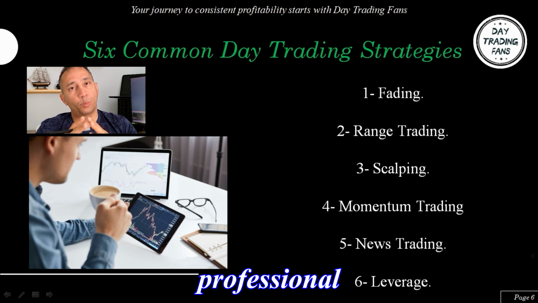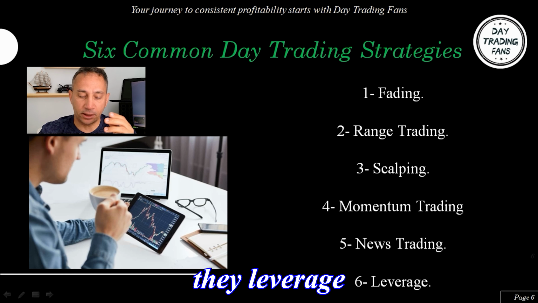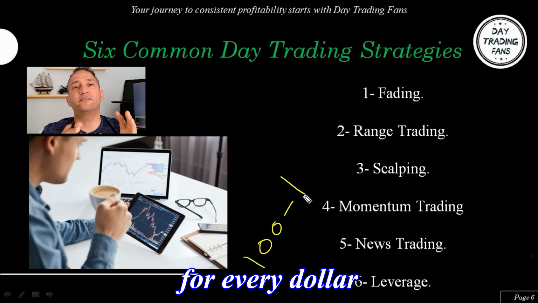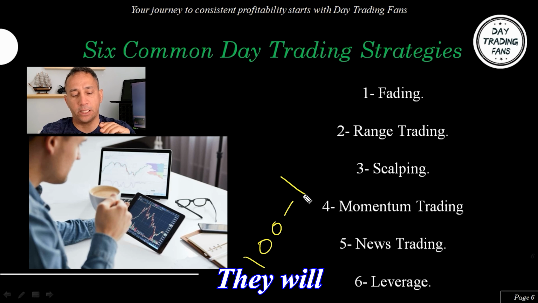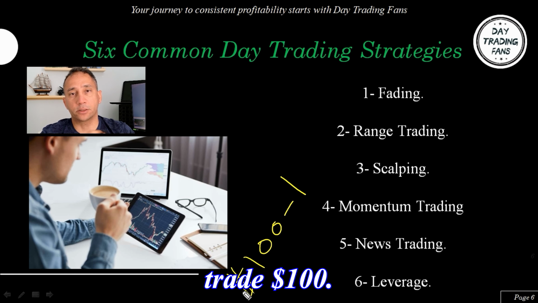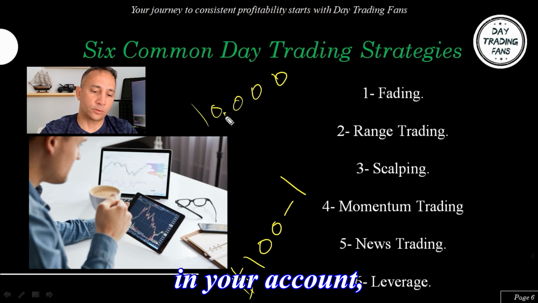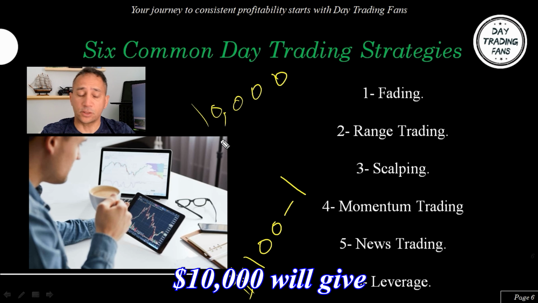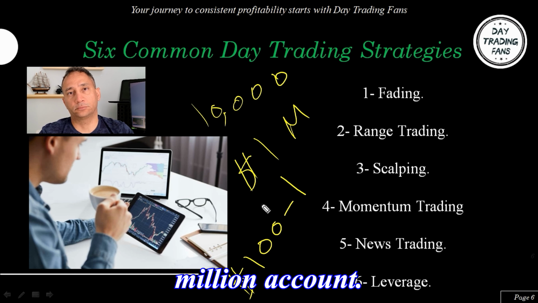Now, professional traders, licensed traders, get leverage of 100-to-1. For every dollar they put in as a risk deposit into the brokerage account, they will trade $100. So $10,000 in your account, which is a small amount in today's market, will give you up to a $1 million account.